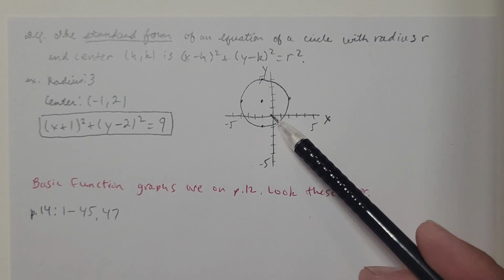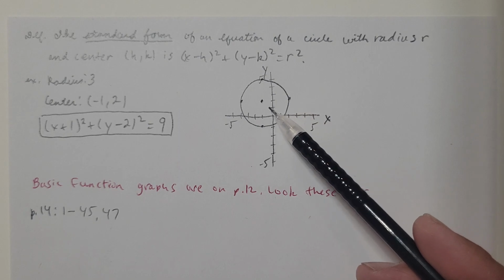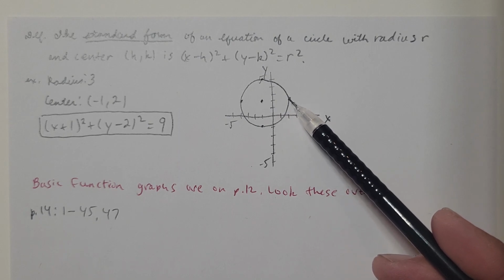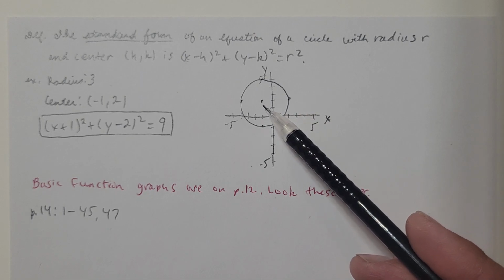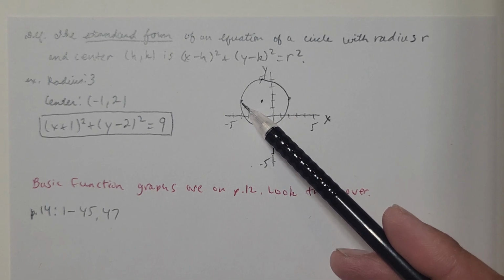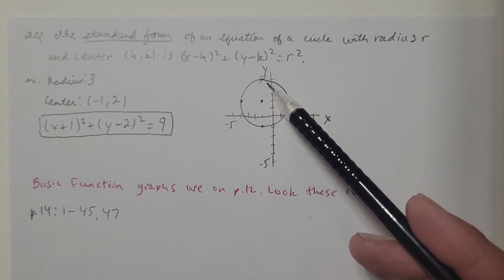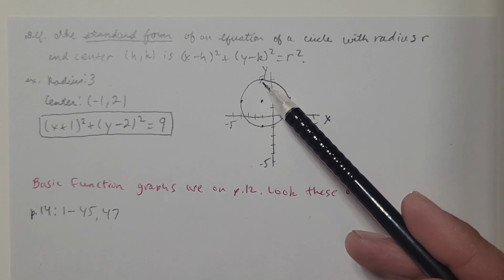So if I go 3 units to the right of the center, that brings me to the point (2, 2). I'd plot that point. 3 units to the left of the center brings me to the point (-4, 2), and I'd plot that point. 3 units above the center brings me to the point (-1, 5).